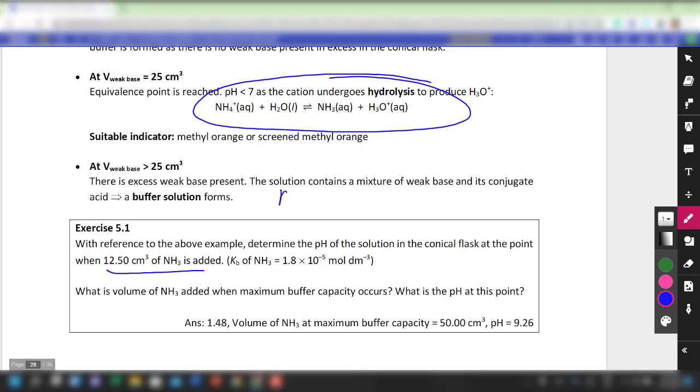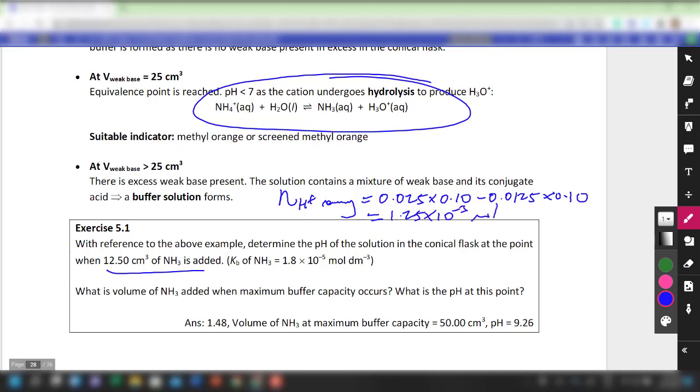So the amount of H+ remaining would be 0.025 multiplied by 0.10, minus 0.0125 multiplied by 0.10. So over here, the amount of H+ remaining would be 1.25 times 10 to the power of minus 3 moles.